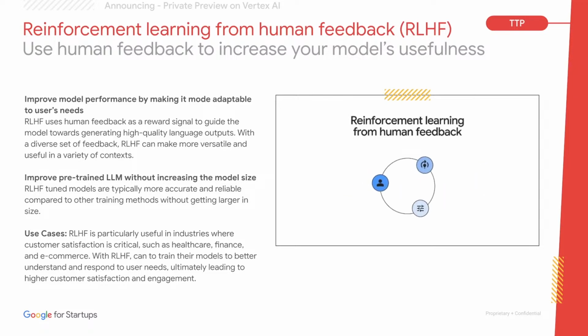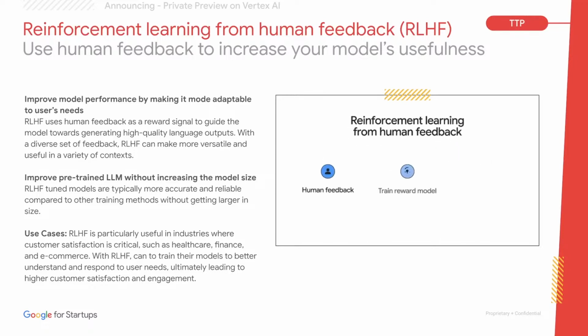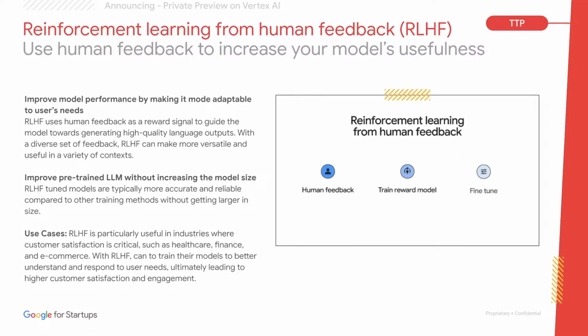How you can use reinforcement learning from human feedback is that it improves the pre-trained large language model without increasing the model size, which is very, very effective in getting you the accuracy you need even with a smaller open source large language model. So this is the way you can have full control with a human in the loop, with a large language model or a generative AI model or the APIs, and you can make sure it is getting better based on your needs.